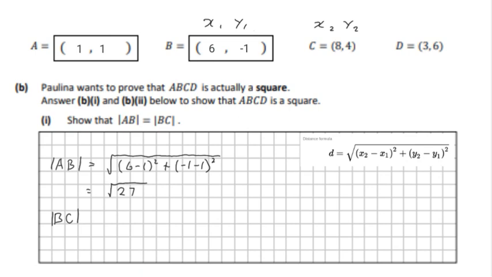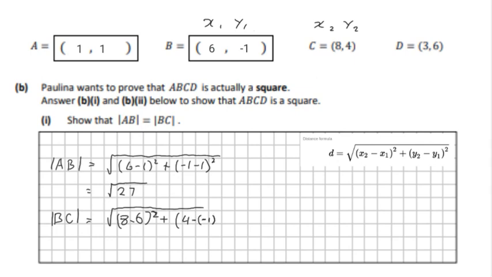Okay, so let's go again, and we can say that x2 minus x1, which is 8 minus 6, all to be squared, plus y2 minus y1, which is 4 minus minus 1.